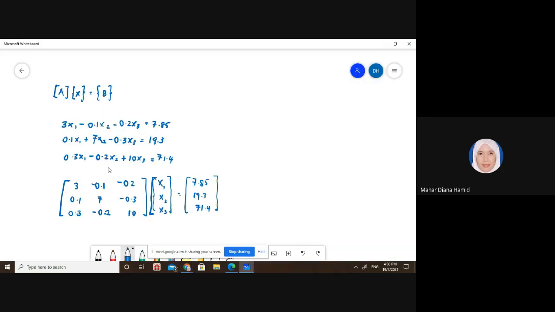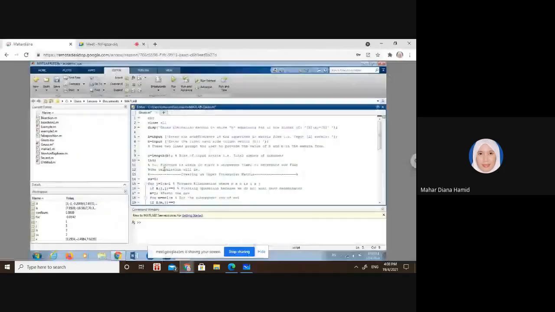So we are going to input this particular coefficient A, and also B, in lines 5 and 6.